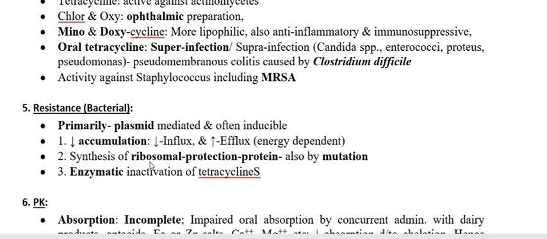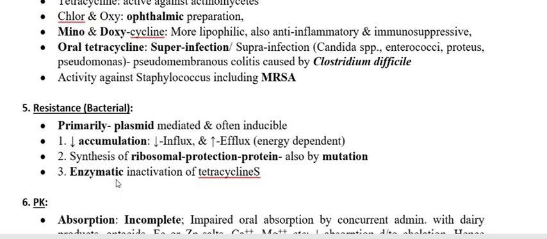If the susceptible ribosome is covered by the protein, the drug does not reach the target, and therefore the bacteria are not inhibited. So the resistant bacteria synthesize a ribosomal protection protein. It covers the ribosome, so the drug does not reach the target. This is another mechanism by which bacteria develop resistance.